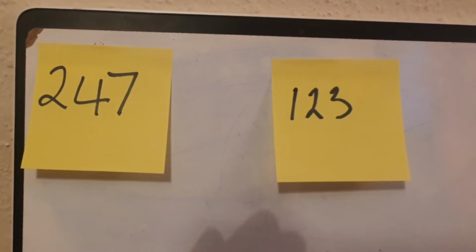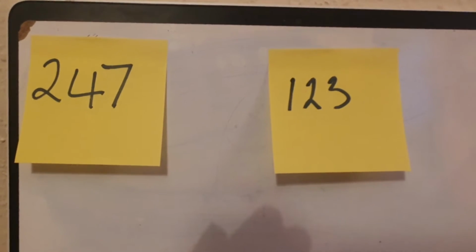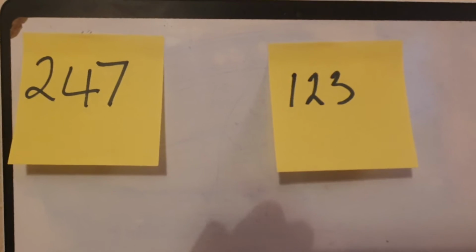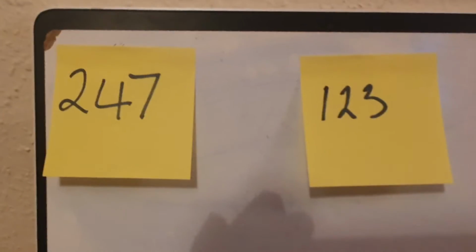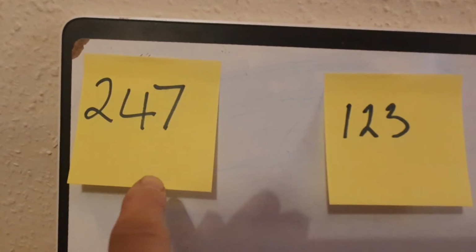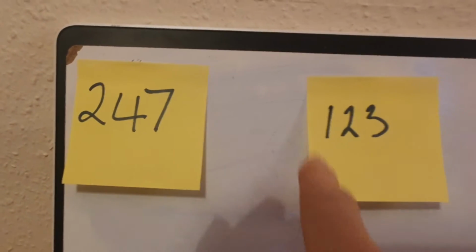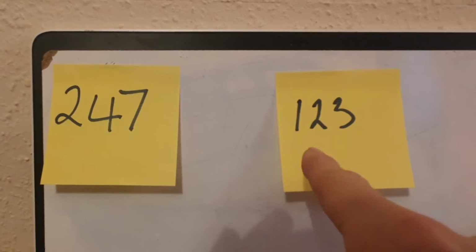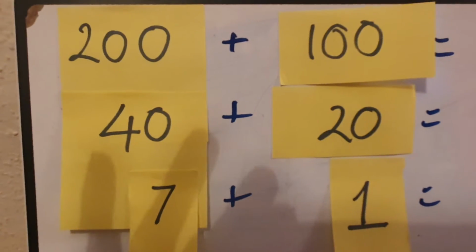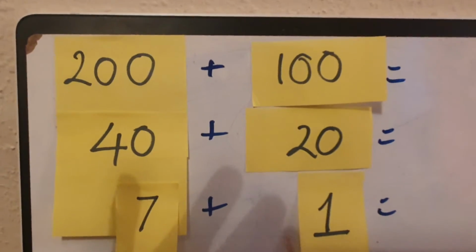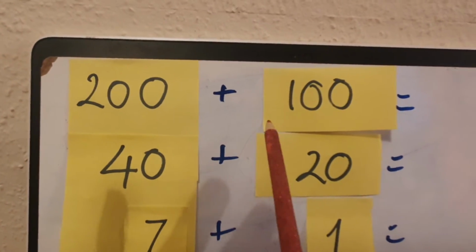Now I could actually do this another way, where I just partition the numbers, where I'm going to split them up into their hundreds, tens and ones. So I've got 2 hundreds, 4 tens and 7 ones. And over here, 100, 2 tens, 3 ones. So let's have a look what that would look like. Okay, so we can see 200 add 100.